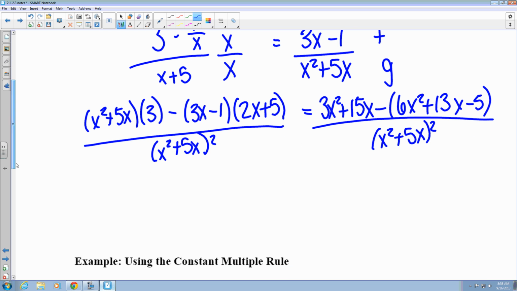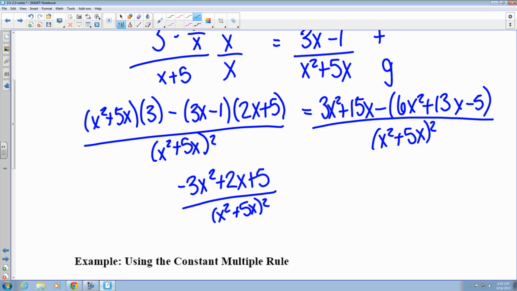Okay, if we look at the top terms and simplify all that we can, it turns into negative 6x squared minus 13x plus 5, and then combine all of our like terms, we get negative 3x squared plus 2x plus 5 over x squared plus 5x squared.